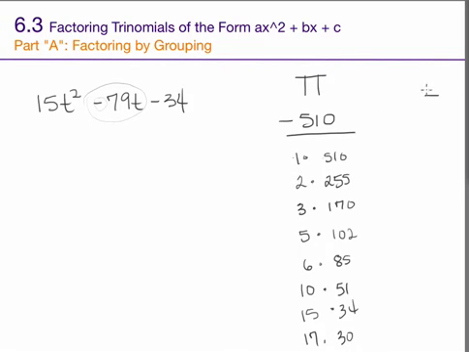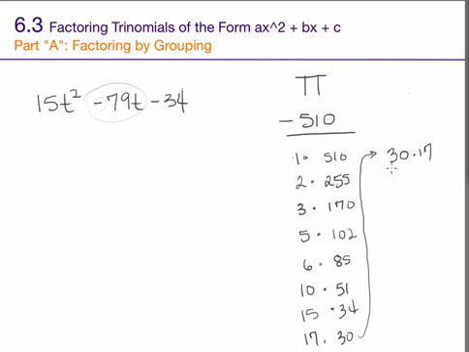I'm going to need more room for this list. Actually, it turns out that I don't need any more room. The next entry would be 30 times 17. There's nothing between 17 and 30 that goes evenly into 510.